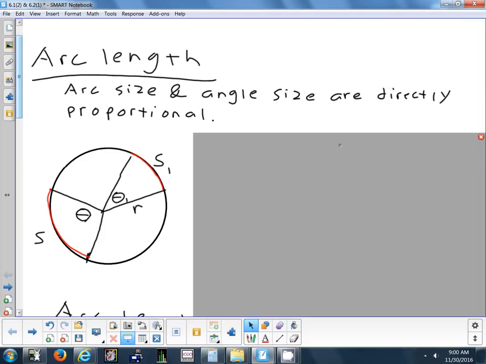In that circle, I have two angles, theta and theta 1, and I have two arcs, S and S1. Any questions on the diagram? I've also labeled R, which is the radius, and that's just the distance from the center to the circumference.